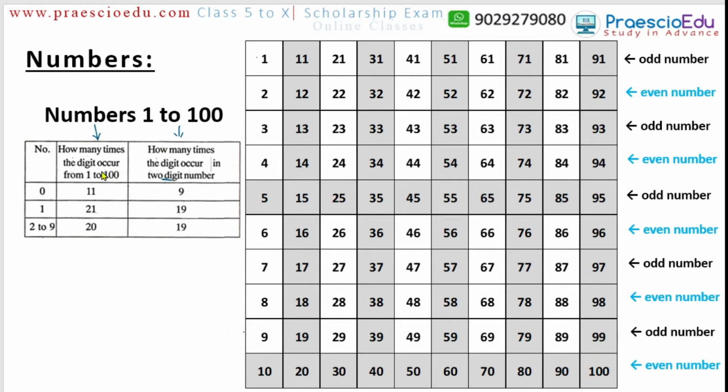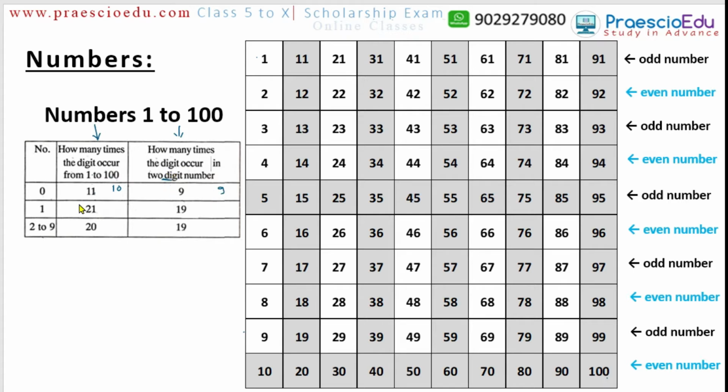If we count only the numbers, the digit counting is here, and the number counting, if you see for 1 to 100, the digit 0 comes 2 times, but how many numbers are there? 1, 2, 3, 4 up to 10. So here 10, I just note down at one side. And how many times does the digit occur in two digit numbers? 9 times, and the number count is also 9, because 100 is not considered in a two digit number.